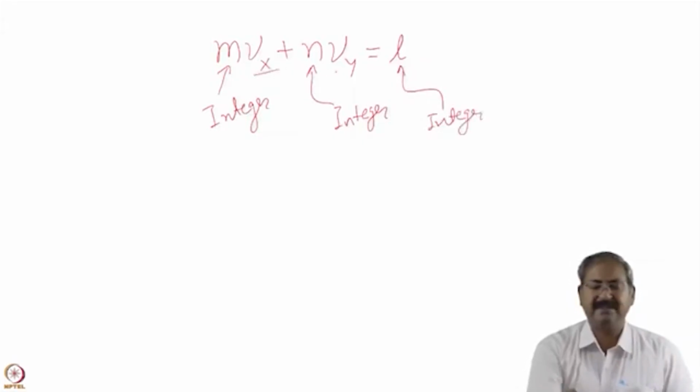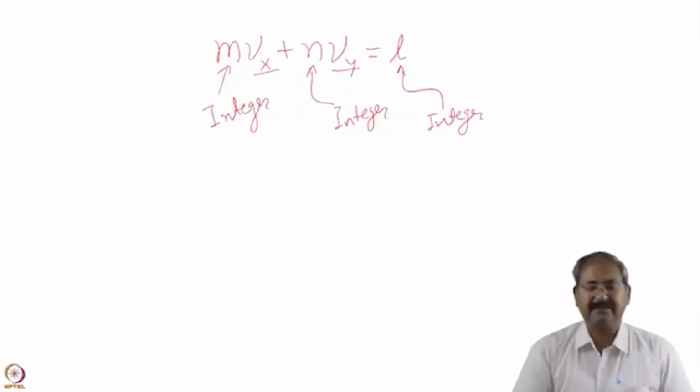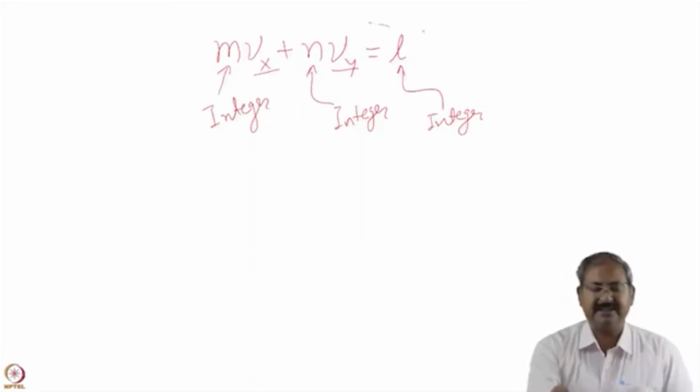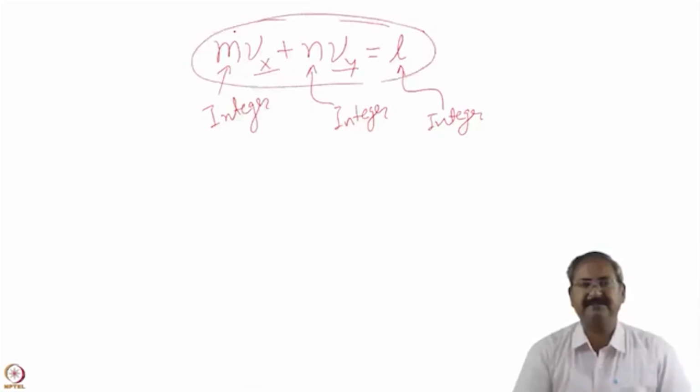And nu x and nu y are the betatron tunes in the horizontal and vertical planes respectively. So whenever this relation is satisfied, some kind of resonance is excited.